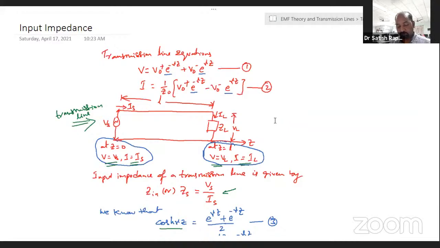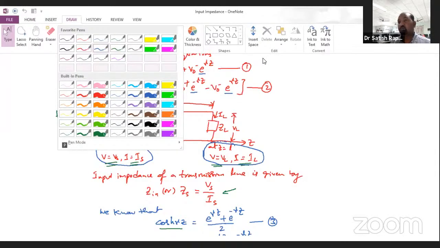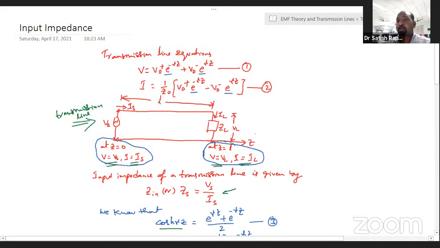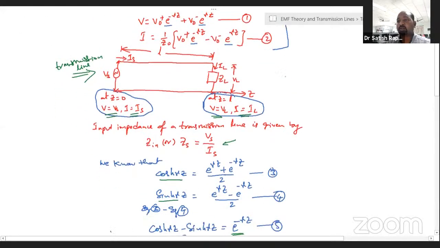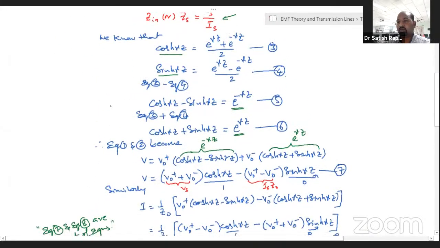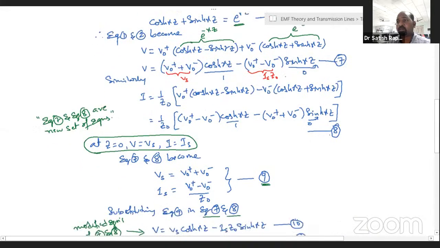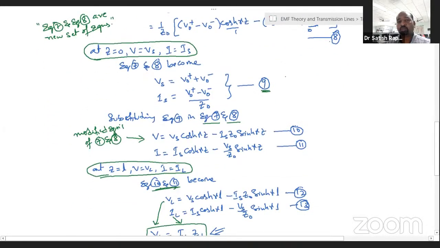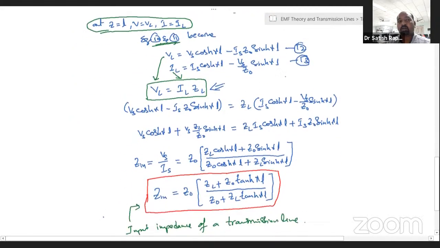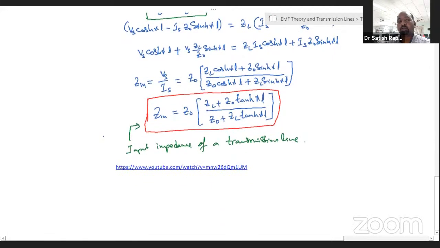As you can see here, these are the transmission line equations we have considered, and using them and doing some mathematical simplifications, we derived the expression for the input impedance of a transmission line.